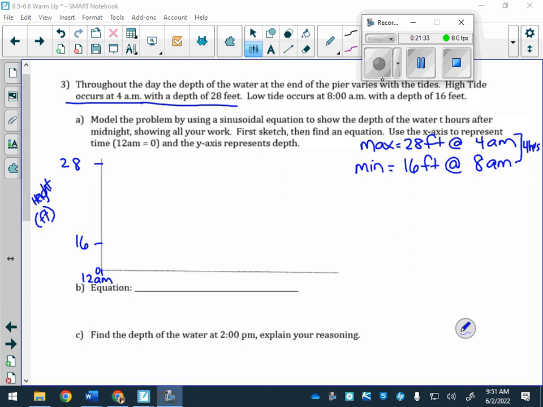Easiest part for you to figure out. What was the first thing you figured out? A lot of you did.